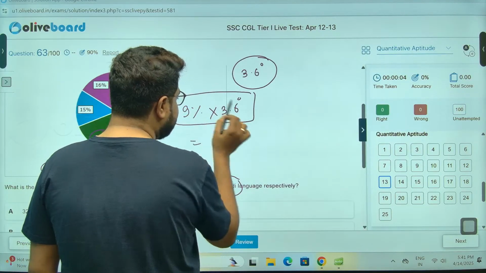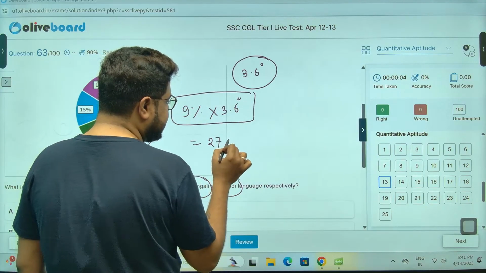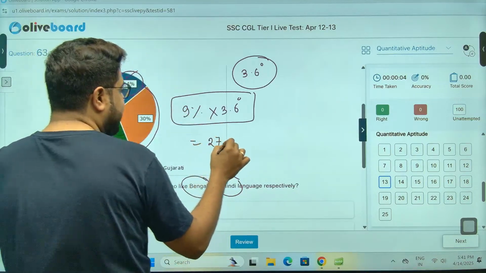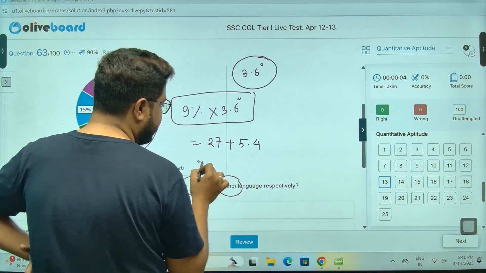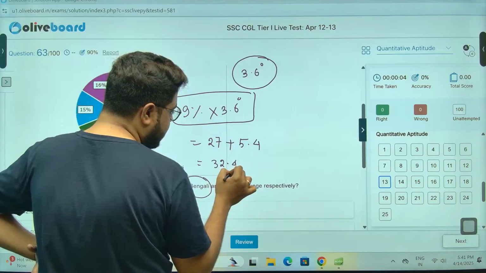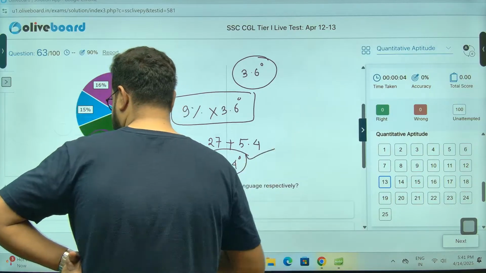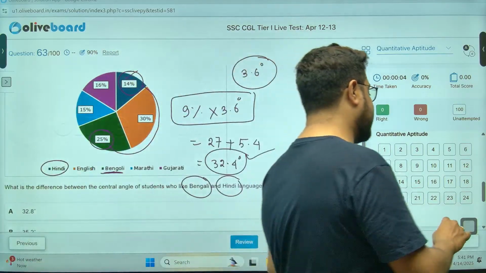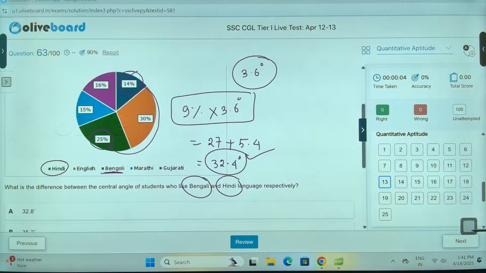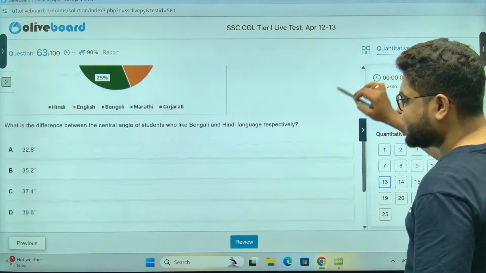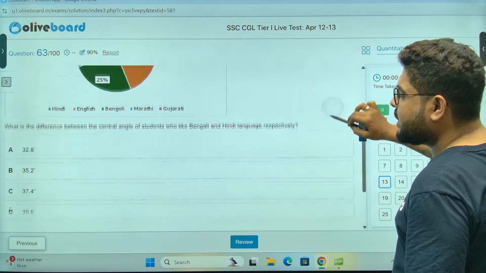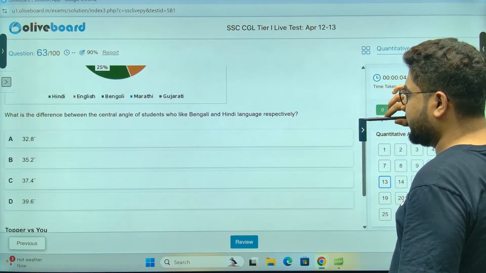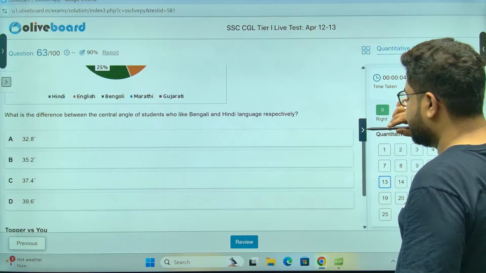So 9 into 3.6: 3 nines are 27, plus 5.4, 6 nines are 54. So 32.4 degrees will be the answer, sir. Options तो दिख नहीं रहा है, sir. Samir, yes, brother. कितना था? 32.4 था ना? गलत हो गया क्या?